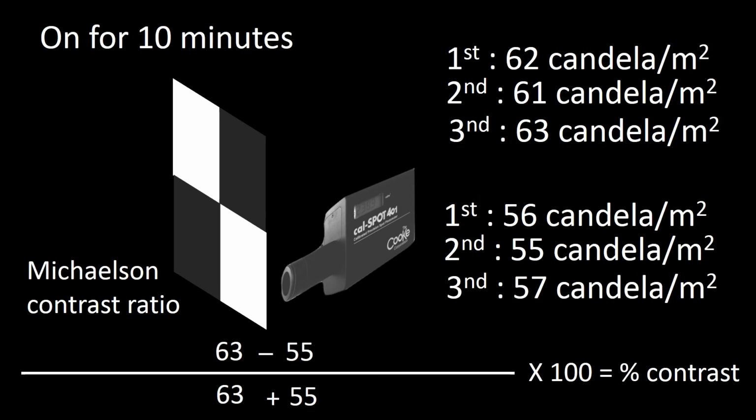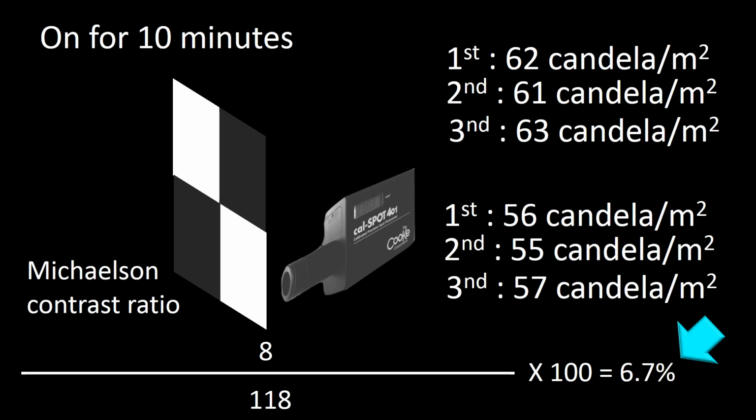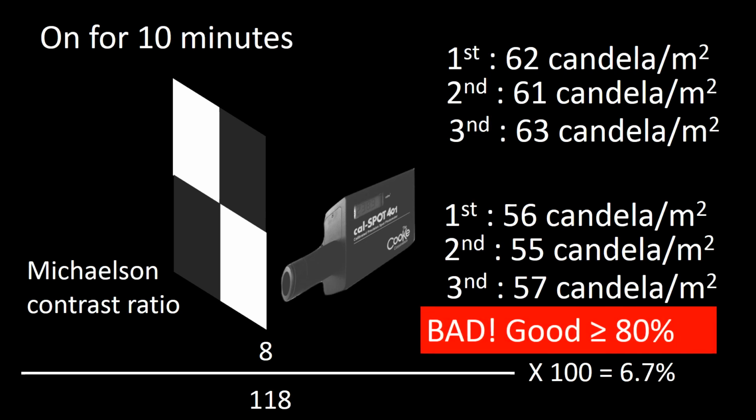As you can see, in this case, 63 for the maximal and 55 for the minimal. Then we execute the operation, yielding 6.7%. The Michelson contrast ratio of 6.7% is not the right amount of contrast.